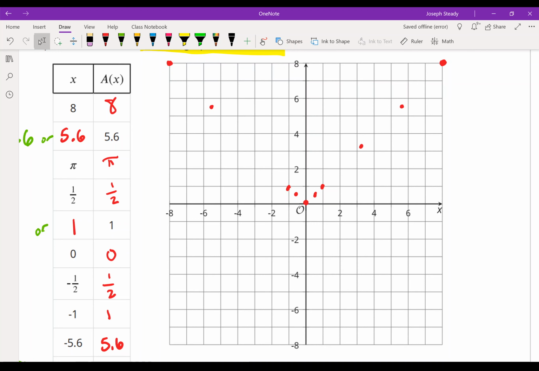There's no reason that I can't plug in any number like 5.073 and get an output of 5.073. So really, this is not a bunch of dots with gaps between them. This is a continuous function with infinitely many points on the line.